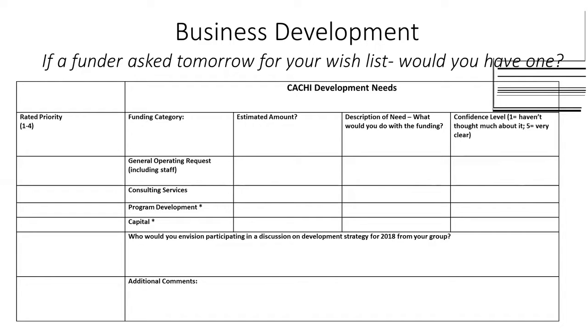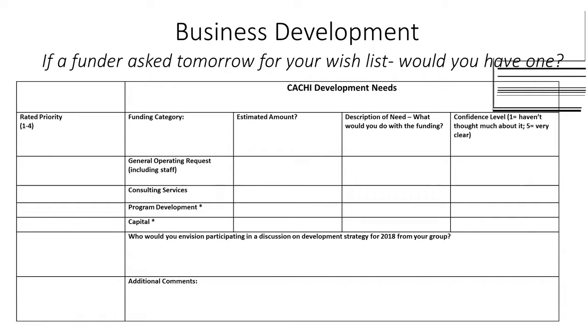Would you be able to answer that question? And sometimes those are small asks, so it's a $50,000 ask, or it's a $200,000 ask. I think it's really useful for you to be able to answer that question, for one, but also from our perspective, there's a huge network effect, and that's what we're going to be talking about next as well, that we want to be able to leverage.